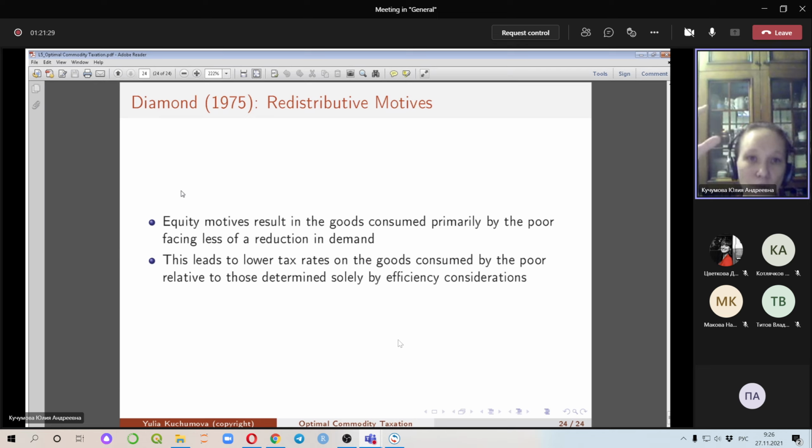Because we have two people with different incomes, we care about the redistribution of income between them. And so now we see that by adding this redistribution consideration, we indeed fix that issue, and we end up having low tax rates on those goods consumed by poor individuals. So there is no problem with the redistributive motives.